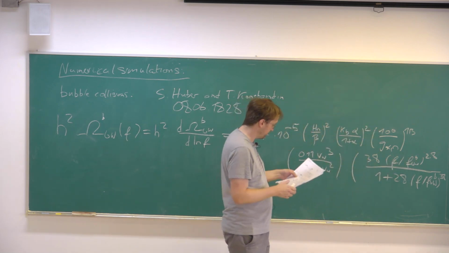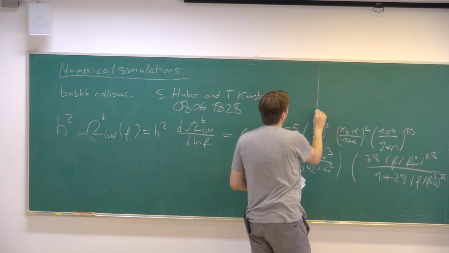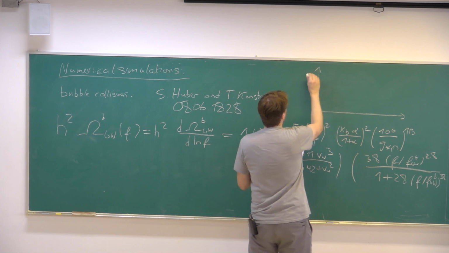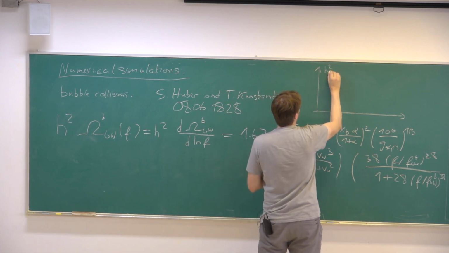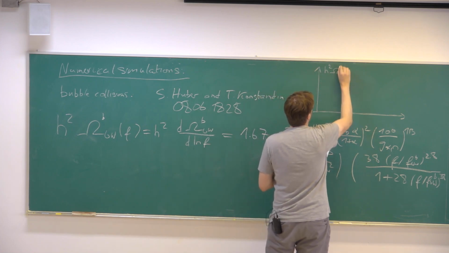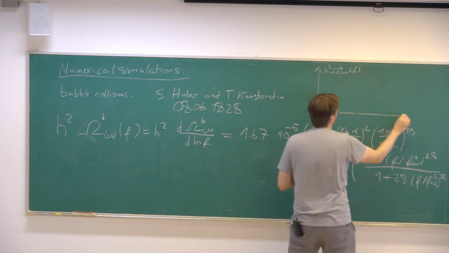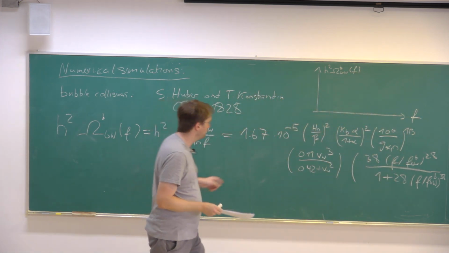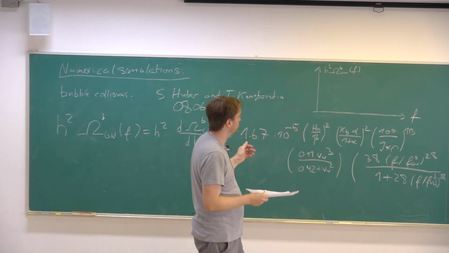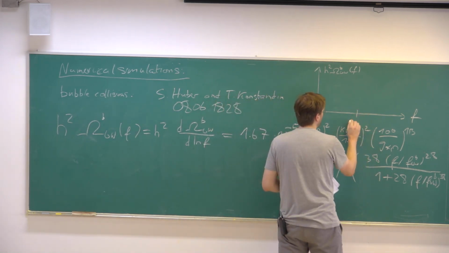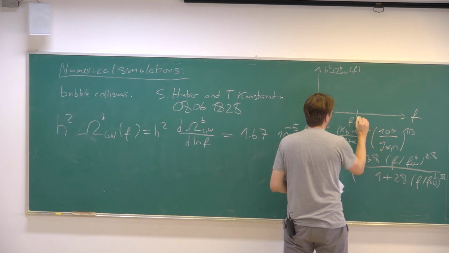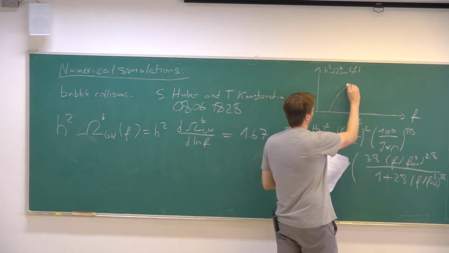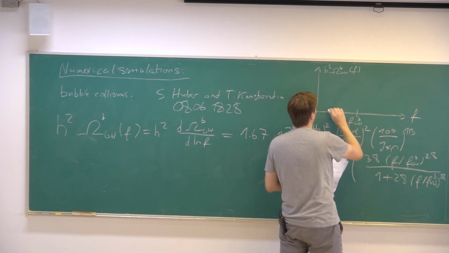So now let me plot this. The broken power law. This is h squared Omega GW as a function of the frequency. I'll give you the formula for the frequency in a second, but let me first plot the spectrum here because it's generic. There's the peak frequency, and the spectrum looks like this.